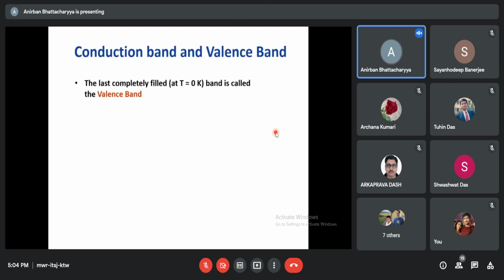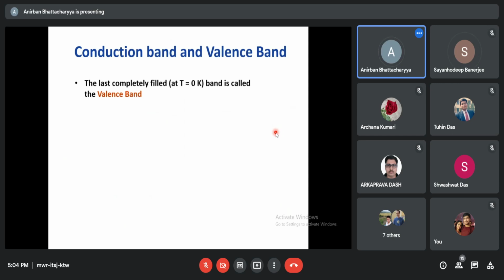So, definition of a valence band. Can somebody tell me? Where the electrons stay. Basically, this is the definition. The lower energy bands are more likely to be filled with electrons than the higher ones. Yes, energy wise.